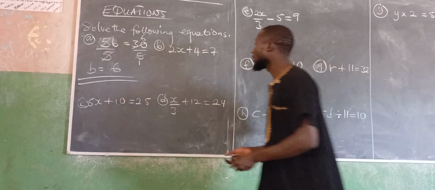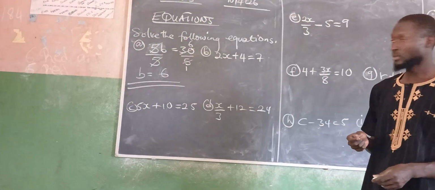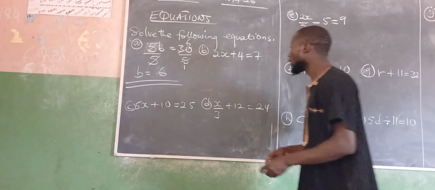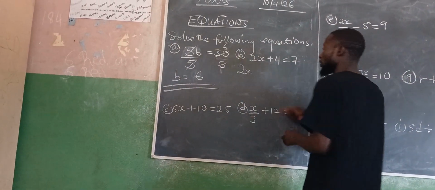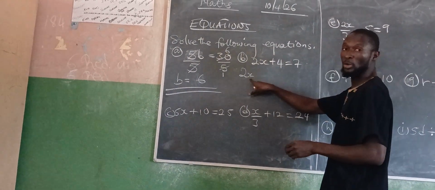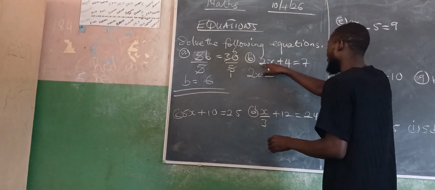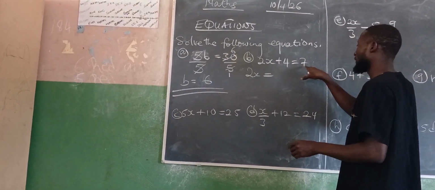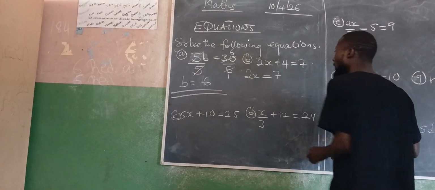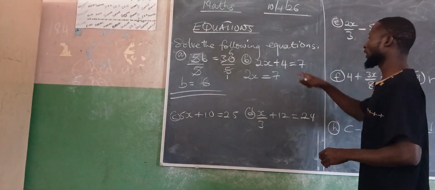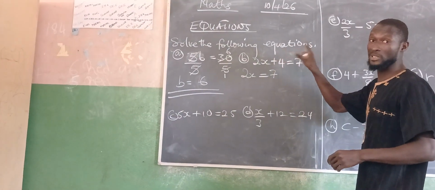Now we have 2x plus 4 equals 7. To continue, we are going to collect the like terms by saying 2x. This 2x stands alone, because we're going to find the unknown x is equal to. If you look at the equation, after the equal sign, what is the first number? 7. That is the number that we are going to write. The other number in the equation that doesn't have anything attached to it is 4.